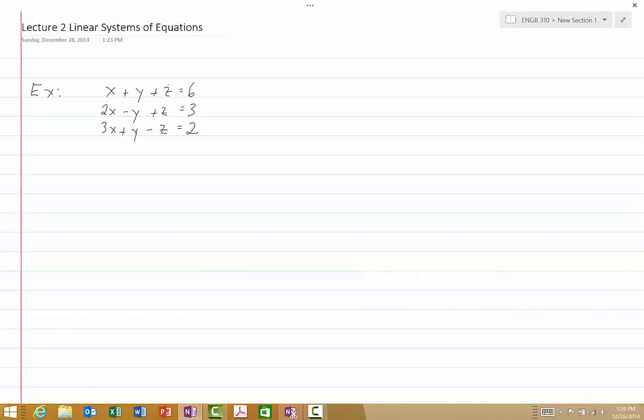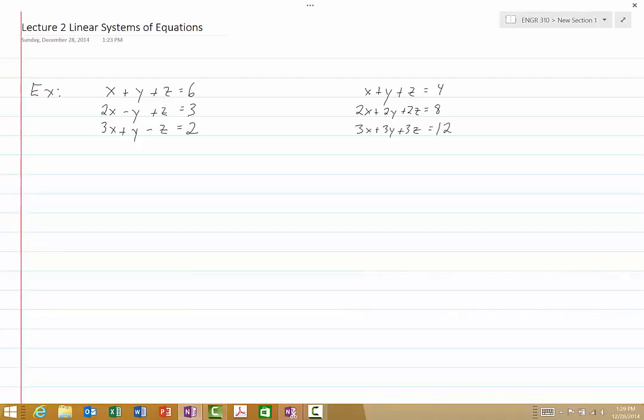Now, just because you have 3 equations and 3 unknowns, that does not guarantee that you can solve it. Let me give you a quick counterexample of that idea. Suppose we had x plus y plus z is equal to 4, 2x plus 2y plus 2z is equal to 8, and 3x plus 3y plus 3z is equal to 12.